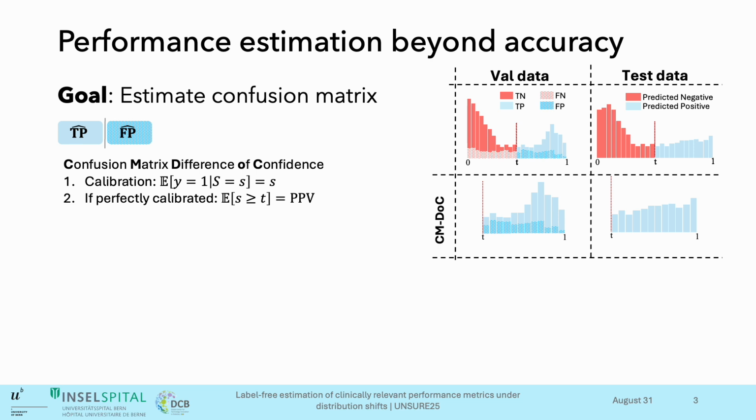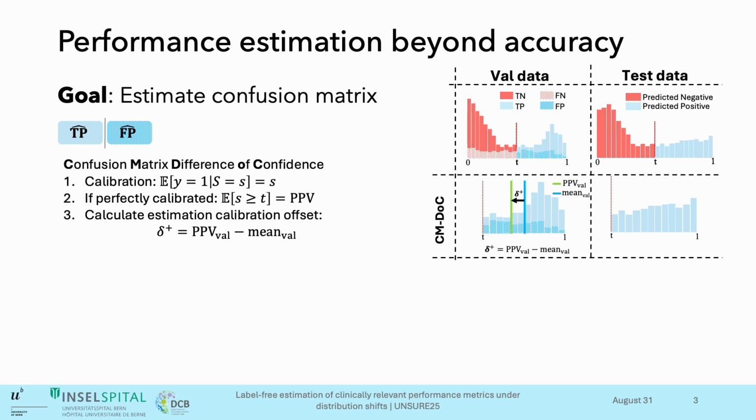In that case, the expectation over positive predictions would directly yield the positive predictive value, or PPV, which is the ratio of true positives among all positive predictions. But since models are rarely perfectly calibrated, this estimate is not optimal but will serve as our baseline under the name of confidence-based performance estimation, or CBPE.